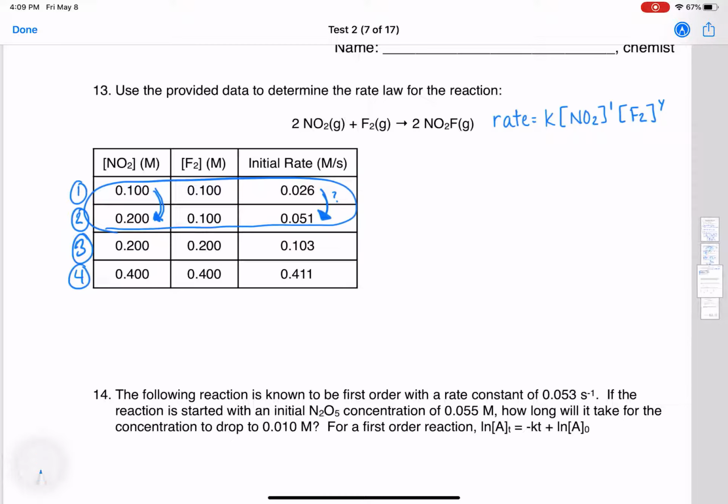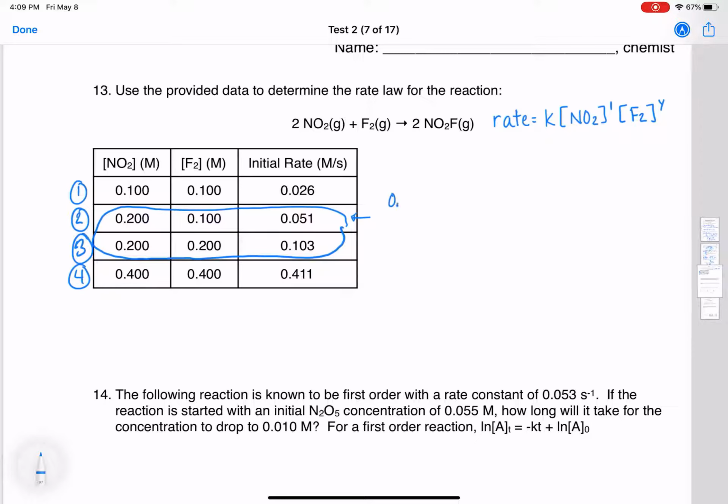And then let's figure out what's going on with F2. For F2, I'll solve in the other way, the mathematical way. So for F2, we're looking for two sets of data where NO2 has not changed. So that means we want to focus on these two data points right here. The other method for determining the exponent is to write the rate law with the information from the problem.